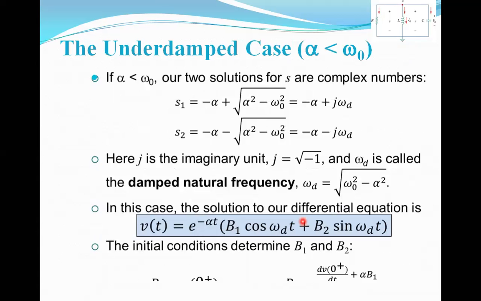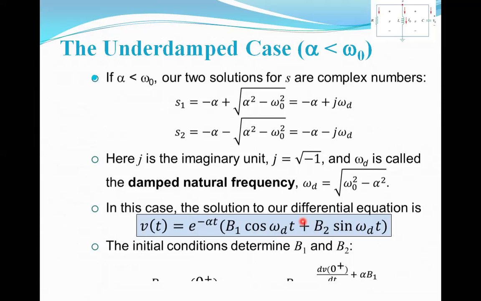And the last is the underdamped case, where alpha is less than omega naught. Here the two solutions for S are complex numbers. S1 is equal to minus alpha plus the square root of alpha squared minus omega naught squared, which in terms of j is minus alpha plus j omega d.